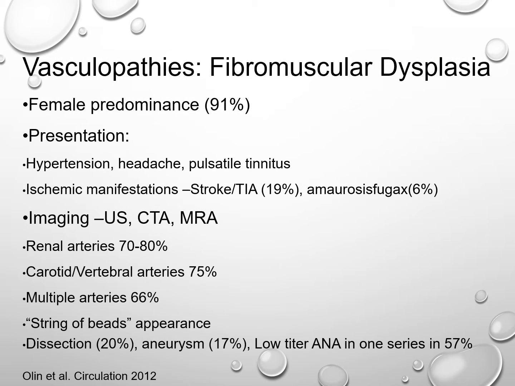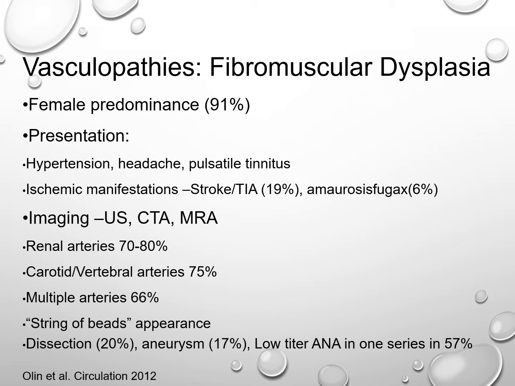Fibromuscular dysplasia: you will have a female with a presentation mimicking vasculitis, with hypertension, headache, pulsatile tinnitus, and ischemic manifestations, with renal artery stenosis and carotid and vertebral artery involvement in 75%. The characteristic finding in the angiogram is a string of beads. This is characteristic, and usually those patients have normal ESR and CRP and present at a younger age.